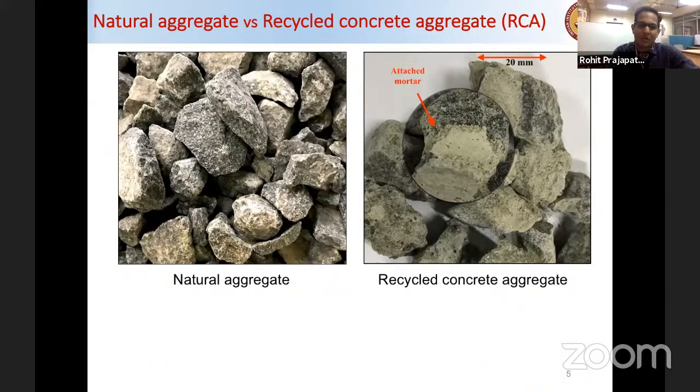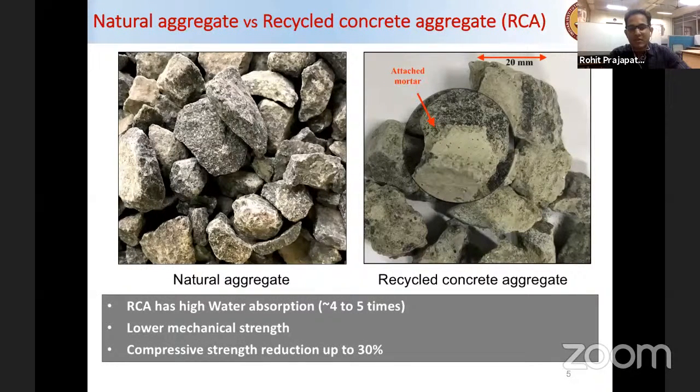If you look at natural aggregate and recycled concrete aggregate, there is attached mortar adhered to the surface of the stones. This is responsible for very high water absorption, could be 4 to 5 times higher, and it also lowers the mechanical strength. If you completely replace natural aggregate with this recycled aggregate, the compressive strength could reduce by up to 30%.